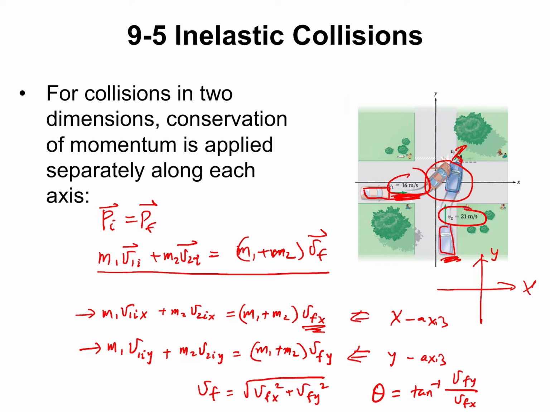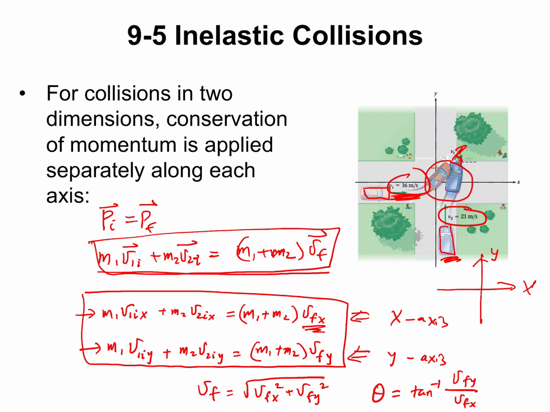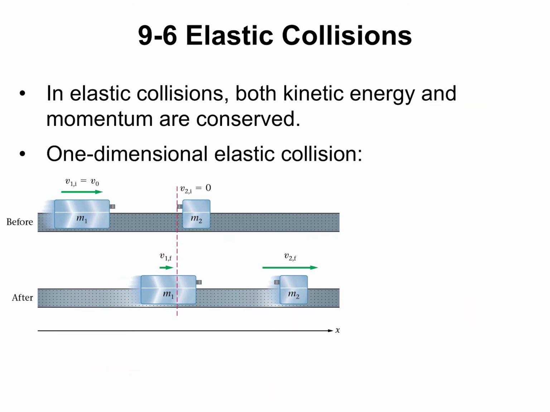We talk about this a lot: for a two-dimensional problem, deal with the components method. This equation you can decompose into two equations, one on the x-axis and one on the y-axis. That's all for the inelastic collision.